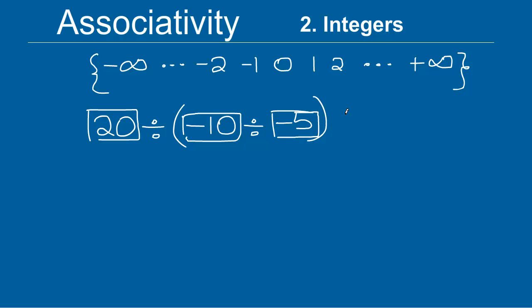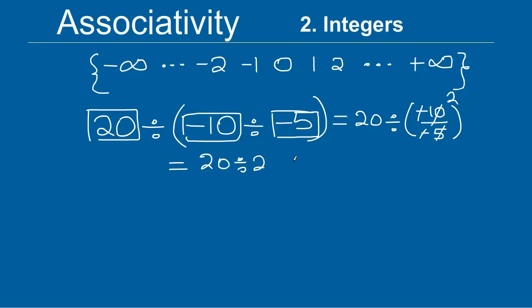So what happens when we do this operation? This is simply 20 divided by, and here we have -10 divided by -5. So this will be, let's do it over here. So minus will cancel out, and this will be 2. So this will be simply 20 divided by 2, or 10. So when we solve this, we get 10.